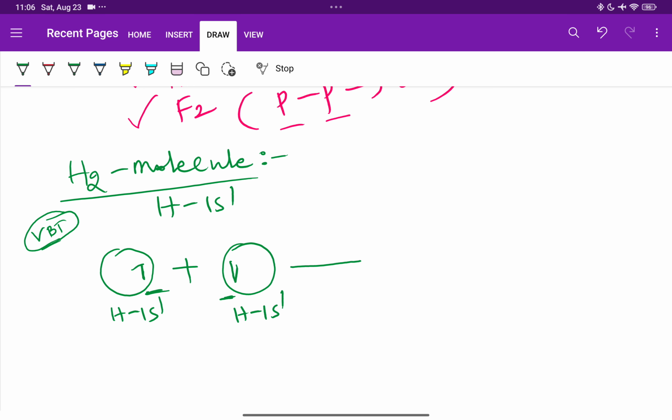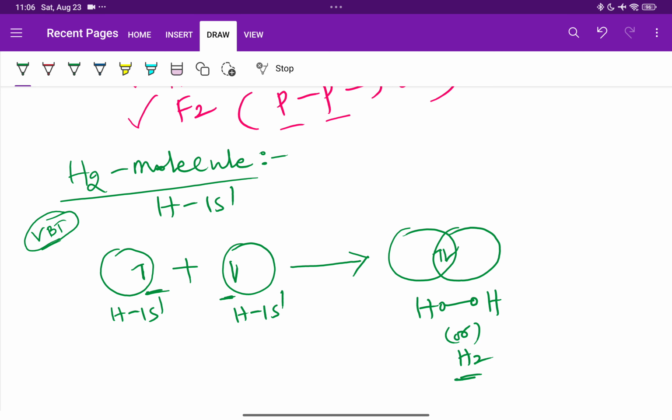So here two hydrogen atoms' SS orbitals are end-end overlapping. So here the electron pair, and this is the bond between the two hydrogen atoms. So you can write H2 molecule.